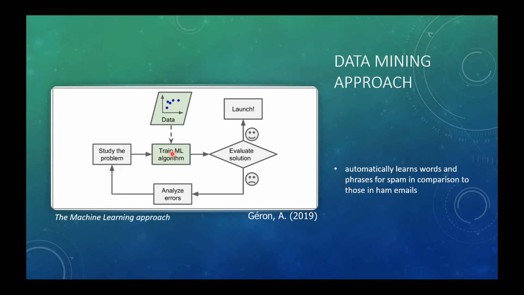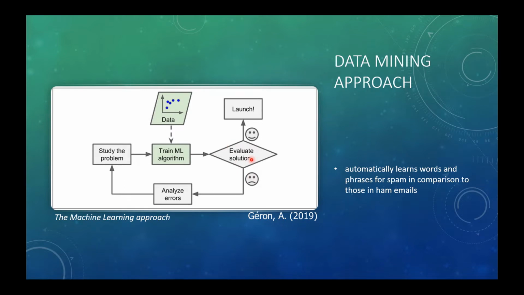The data is presented to the machine learning algorithm in the way it favors, and then it will start to work on this data to find some patterns, or to find a way to figure out how to flag an email, whether it's a spam or not. And afterward, we evaluate the solution. We still need to evaluate.